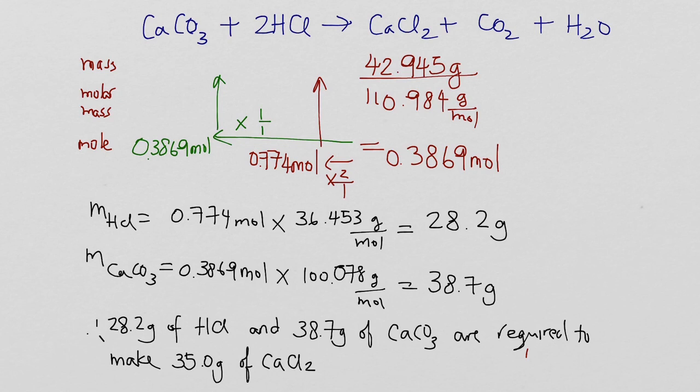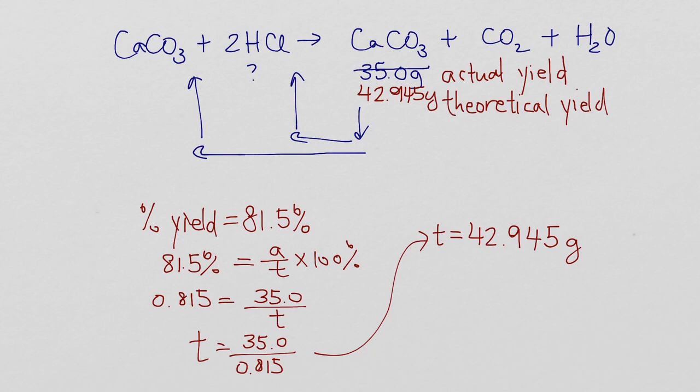So again, remember that these amounts that you put in your reaction, according to a calculation, yes, it should make 42 grams, 42.9 grams. But again, based on yield, you cannot make that much. And in reality, even though you fully plan on making and you put in enough reactants to make this many grams of product, because of yield, what ends up happening is you're only able to make 35 grams.